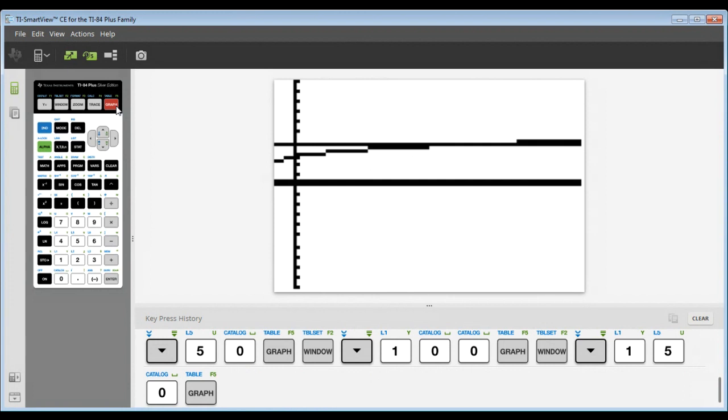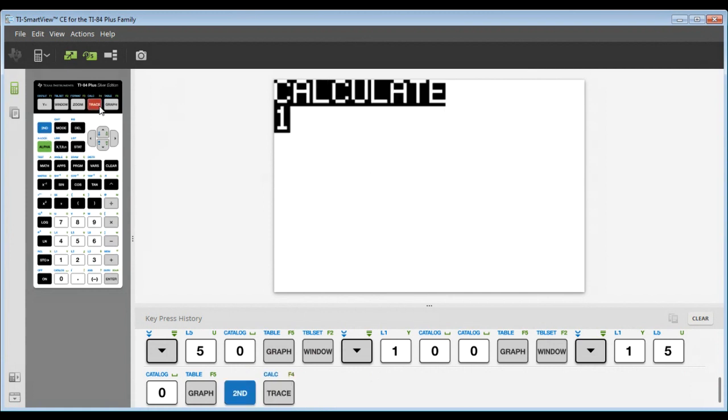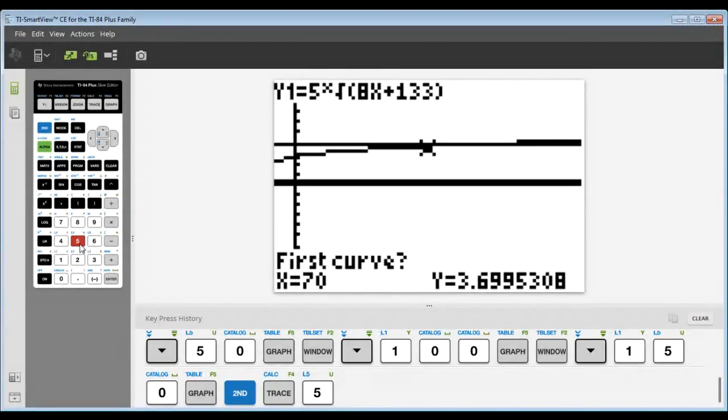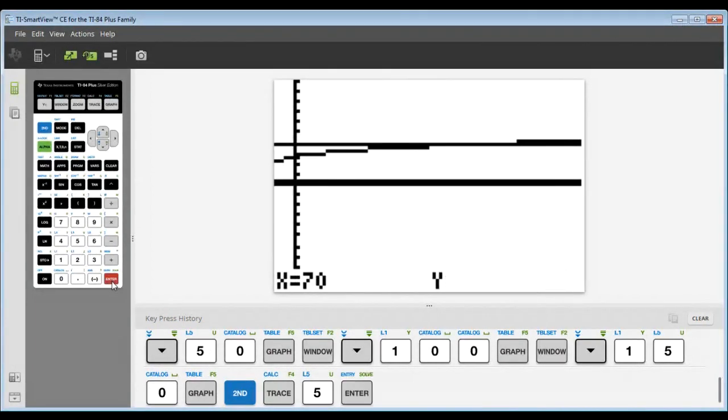Okay, it's still kind of something else, but the good news is that I'm trying to find my x. So let's say that I hit second trace, and then I hit 5, and then enter, enter, enter.